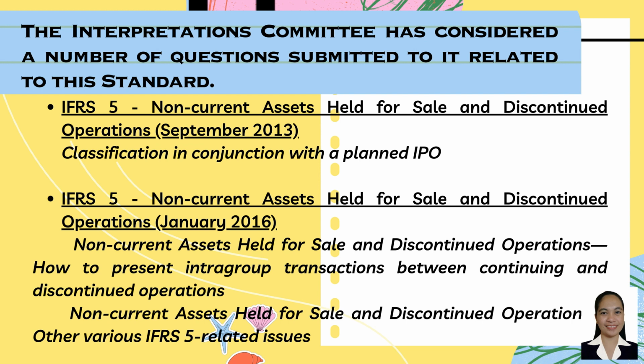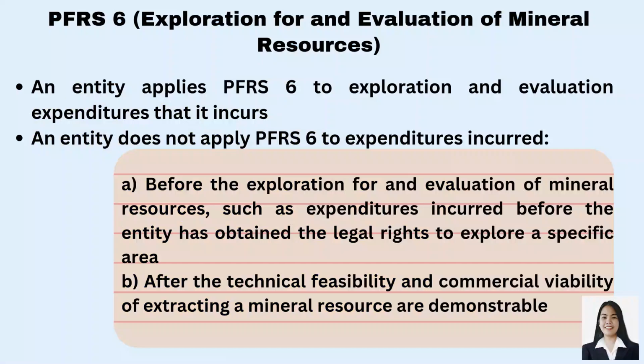Consequently, the Interpretations Committee decided not to add these issues to its agenda. So, those were the updates on PFRS 5. Until now, there is no new update for this standard.